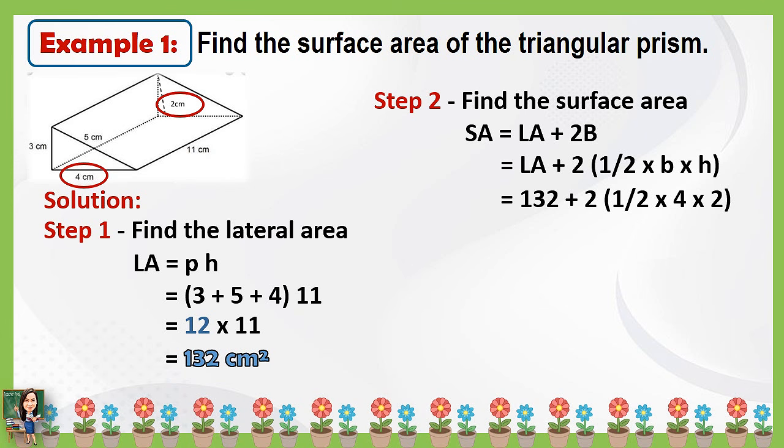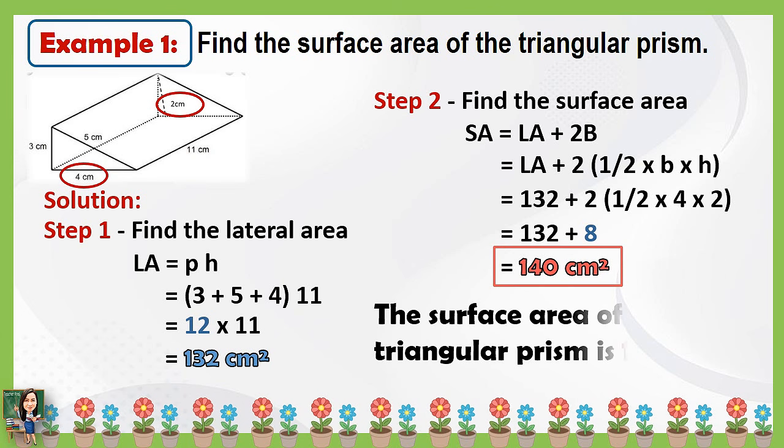Then multiply, 4 times 2 equals 8. Divided by 2 equals 4. Then multiply by 2 equals 8. Then add the lateral area, which is 132, equals 140 square centimeters. The surface area of the triangular prism is 140 square centimeters.